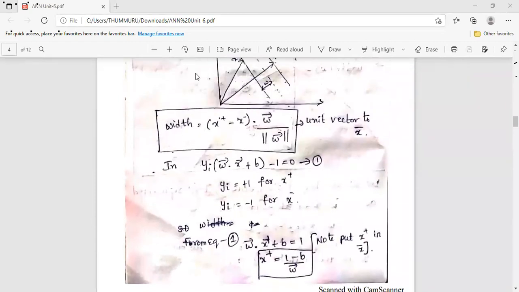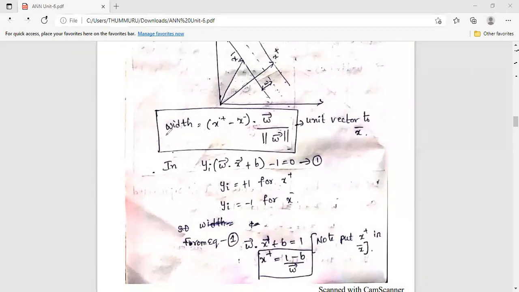For calculating the width, the formula is width equals (x plus minus x minus) times w vector divided by the norm of the weight vector. Here x plus is the positive class data points, and x minus is the negative class data points.